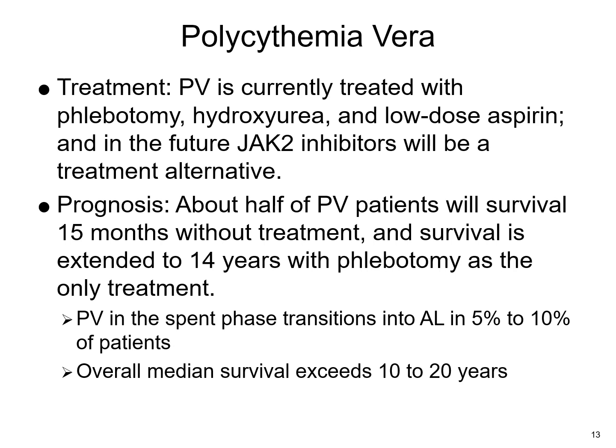Prognosis: about half of the polycythemia patients will have a survival of about 15 months without treatment. It can be extended for about 14 years with just doing the therapeutic phlebotomies alone. The median survival age for patients, all of this really is going to be affected based off of the patient's age, the karyotyping, the leukocytosis, the history of the patient, and whether or not they had history of thrombosis or factors that can lead to thrombosis.